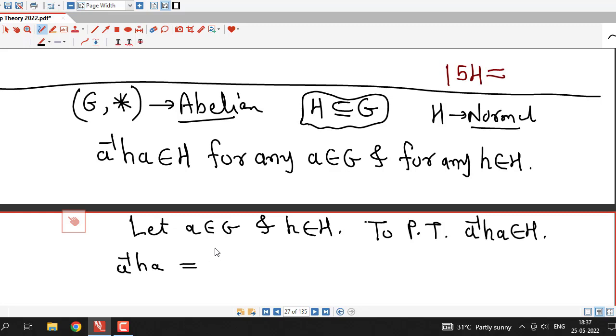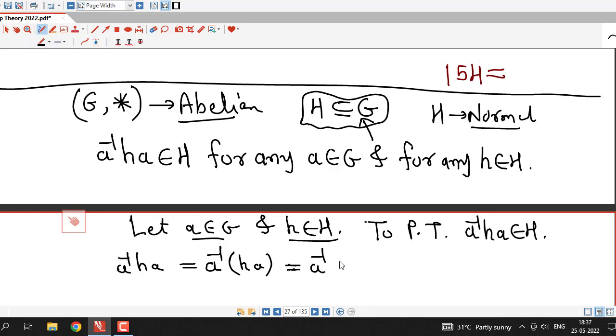So we start with A inverse h A. Now because G is a group and A and h are elements of G, h is an element of capital H and capital H is a subgroup of G, therefore h is also in G. So I can use the associative property for group G. I can write A inverse h A as A inverse in the bracket h A. Now it is given that G is an abelian group.